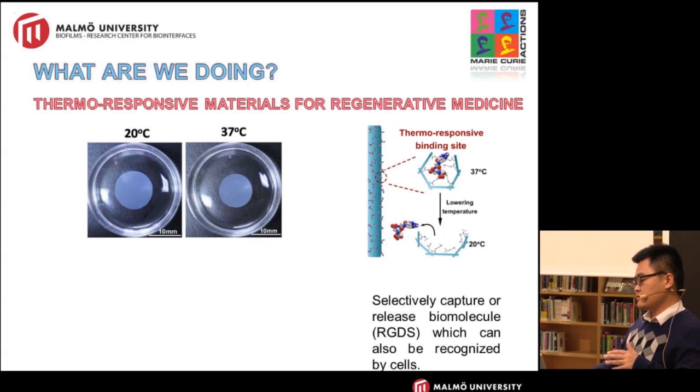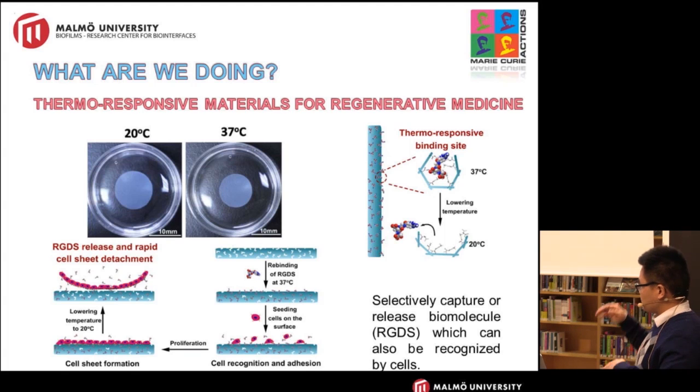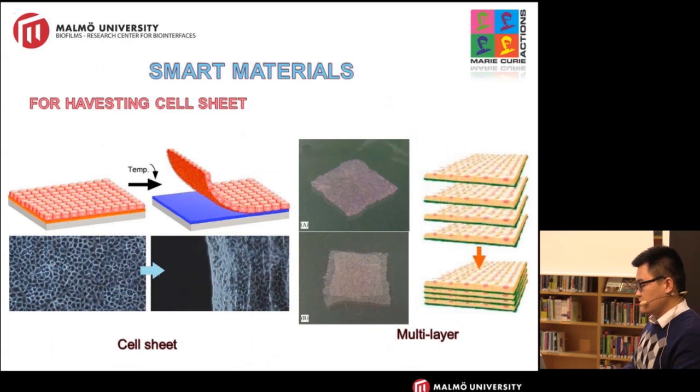So if we use this material to culture cells, they can bind at maybe body temperature, and we reduce the temperature to 20 maybe. They can release the cells. So by using this method, we can harvest a layer of cell sheet just by changing the temperature, and also we can fabricate multiple layers of the cell sheet.